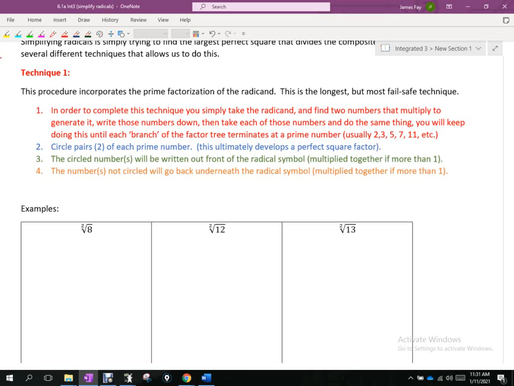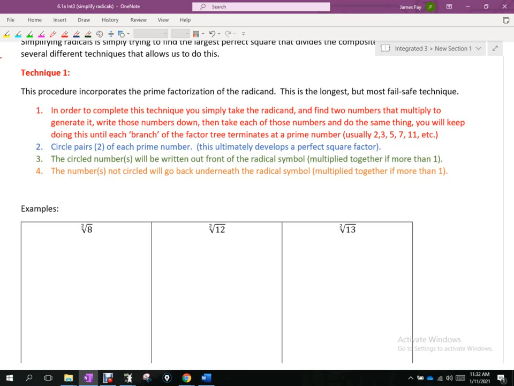Okay? Once you do that, you're then going to take those two numbers and find the values that multiply together to get them. So you're going to factor those two values. And you keep doing this over and over and over again. You keep taking numbers and finding their factors. So it's going to create branches of a factor tree, and you keep doing this until the branches terminate at either an integer that is prime or an integer that is a perfect square.